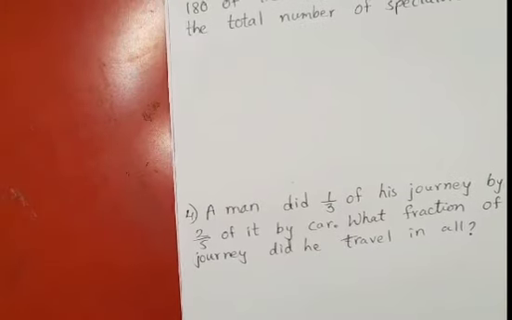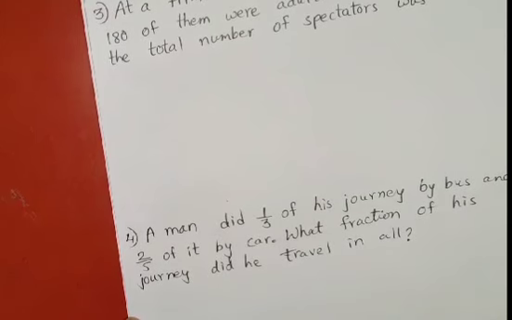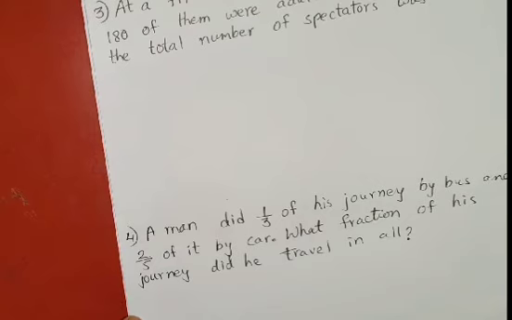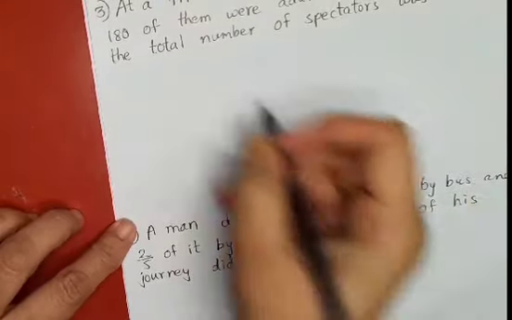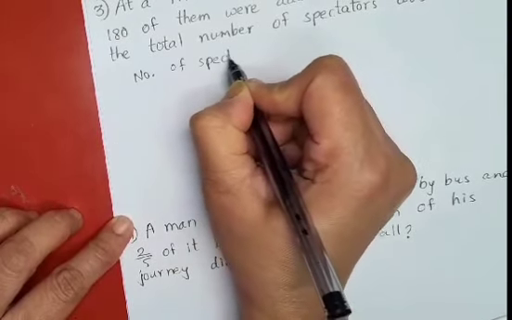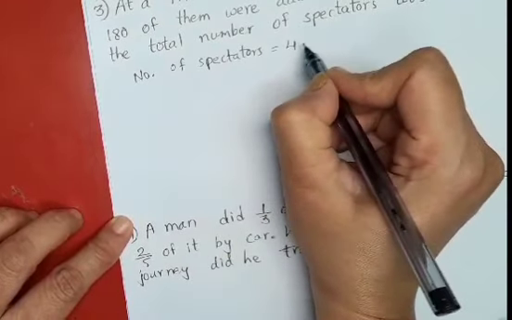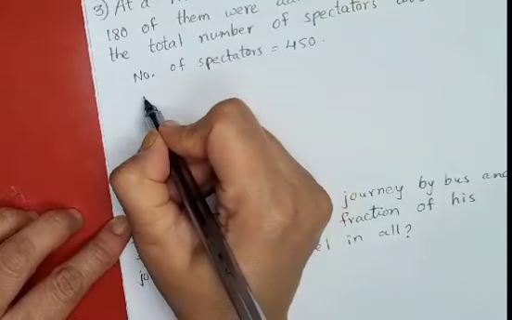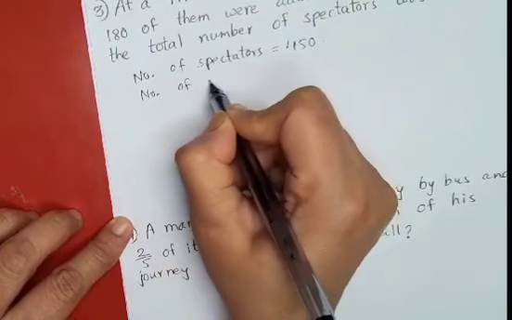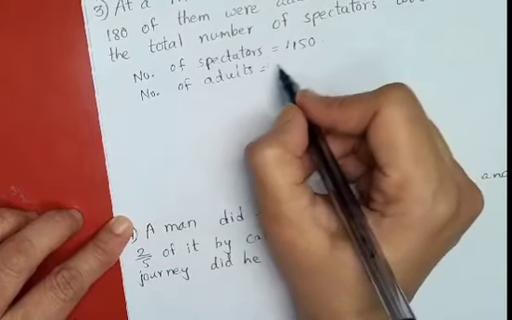Now, the third example says, at a film show, out of 450 spectators, 180 of them were adults. What fraction of the total number of spectators was children? So, total number of spectators here is equal to 450, and number of adults are 180.